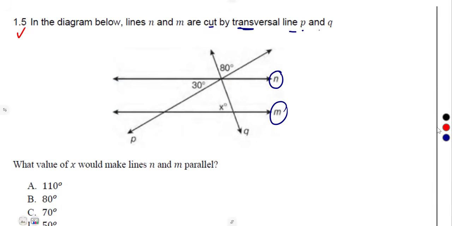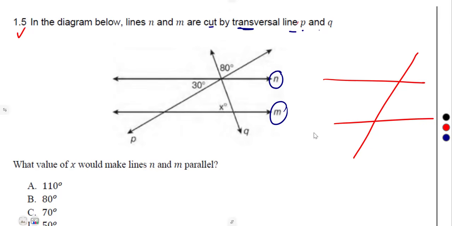So they are saying these are transversal lines because we've got two lines there. The line P, this one, is a transversal line. The line Q is also a transversal line. Remember, what is a transversal line? It is a line which cuts two lines that are parallel, or maybe any number of parallel lines.